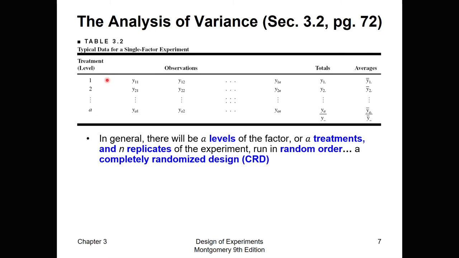In our previous experiment, it's 160 watts, 180 watts, etc. And then in replications of the experiment, this would be what we call a balanced design, meaning there's an even number of replications within each factor level. That doesn't always happen. But when we're designing an experiment, we do tend to design balanced designs. So we've got these different observations. And ideally, we're going to run these in a random order for a completely randomized design.